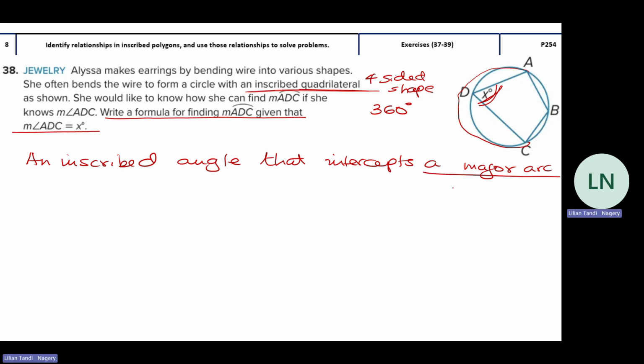The major arc is ADC, and the inscribed angle is angle D. So now the canon is the major arc equals 2 times the inscribed angle.